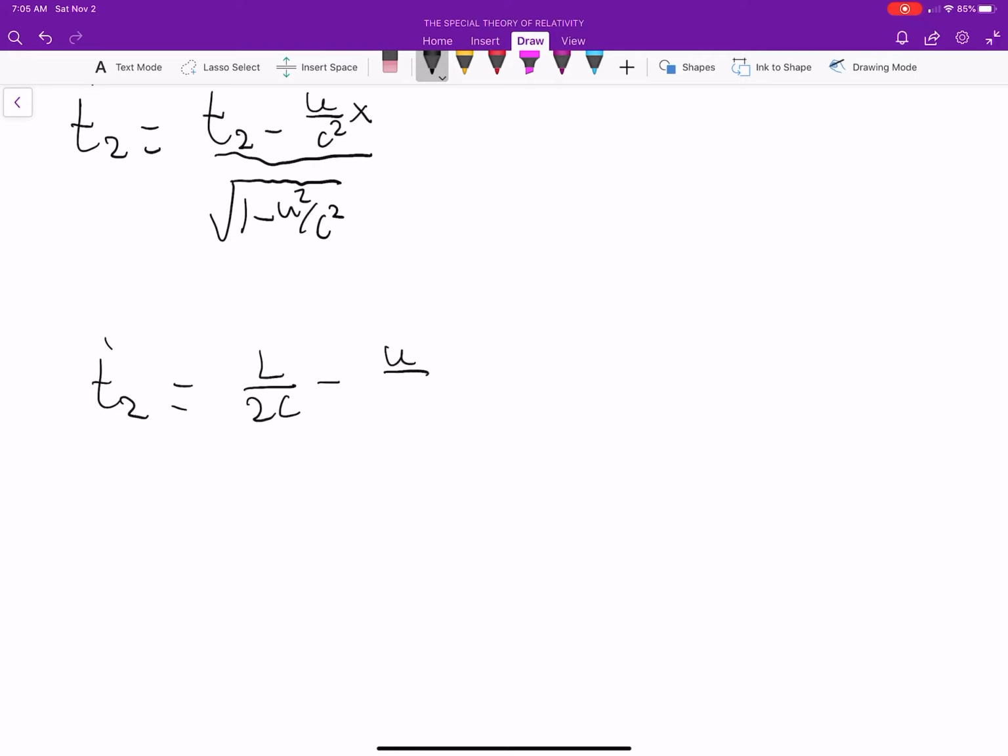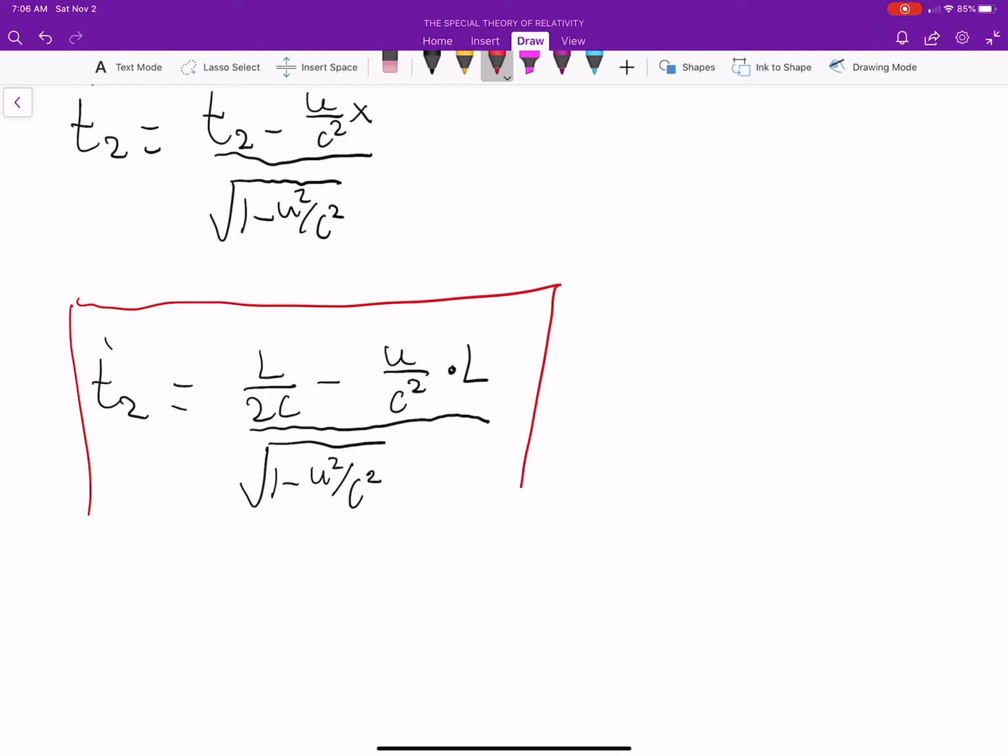Minus u over c squared times x, which we said was L. And then that's all over the square root of 1 minus u squared over c squared. So right off the bat, we have this. This is the time it takes for the light to hit the other area.